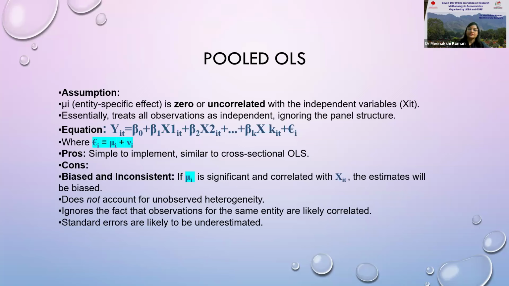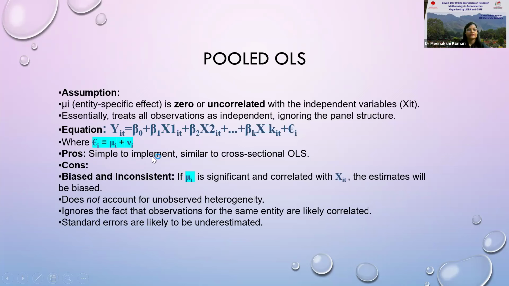It treats all observations as independent, meaning there is no unobserved heterogeneity. In the model, the epsilon i includes both mu i and v it, the idiosyncratic error and the entity-specific effect, captured together in one term, epsilon. So there is no unobserved heterogeneity according to pooled OLS, which is almost the same as OLS.